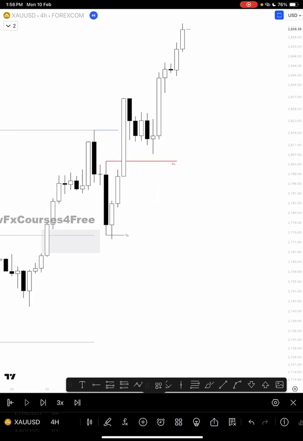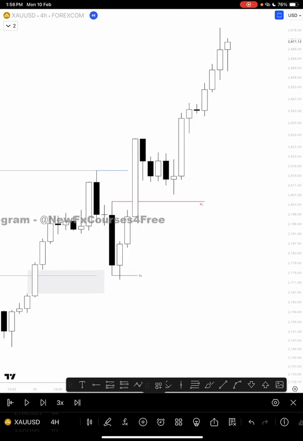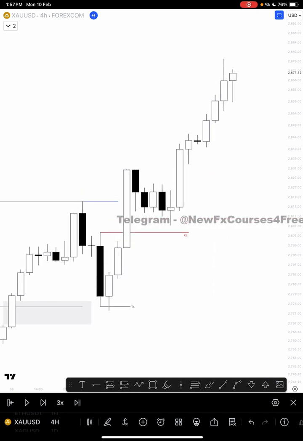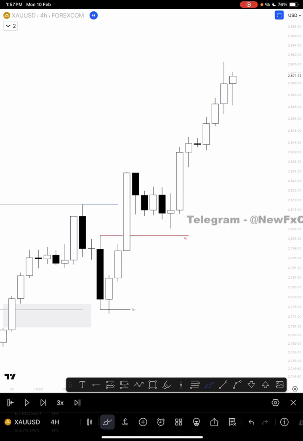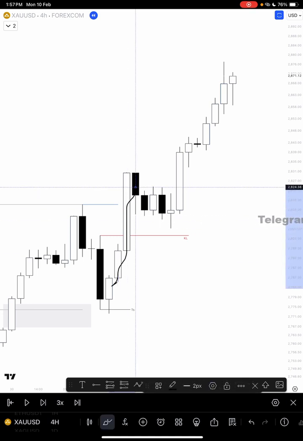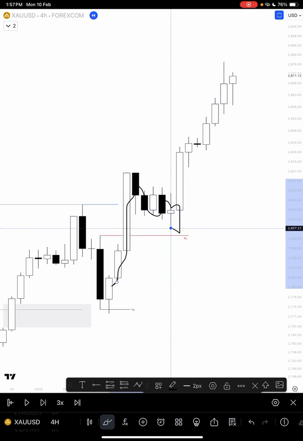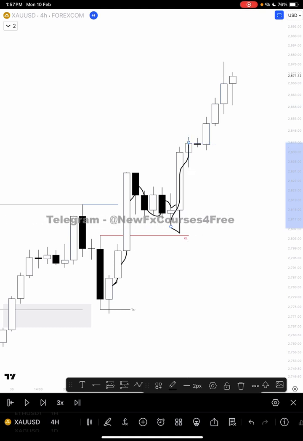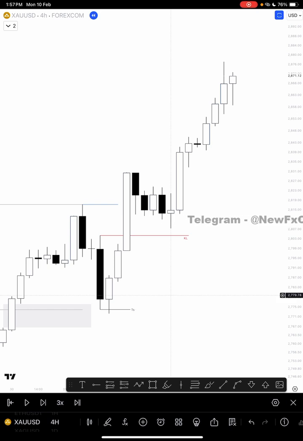So here, the market did not actually retrace to this, but after the expansion profile, we got a ranging profile and a manipulation downwards, then expansion higher.